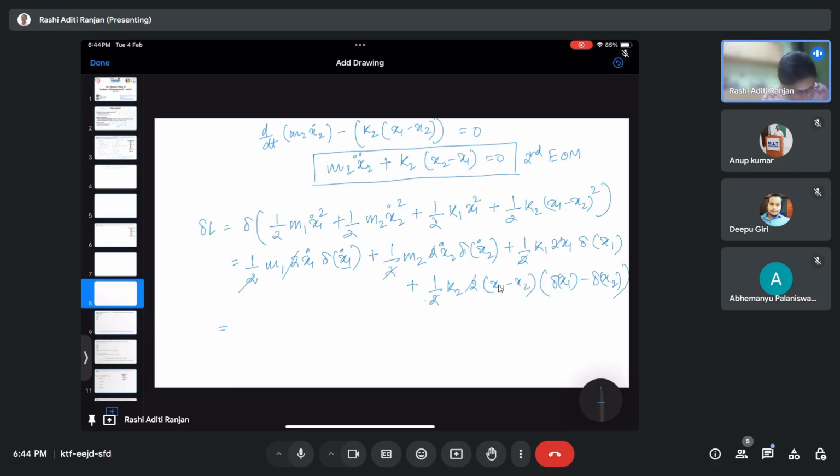So this will give me m1 x1 dot d by dt delta x1, plus m2 x2 dot d by dt delta x2. I hope this is clear. We have just taken the d by dt out. Okay.